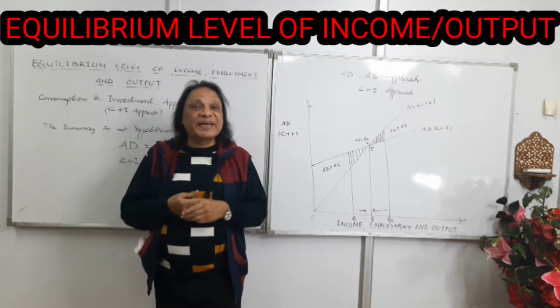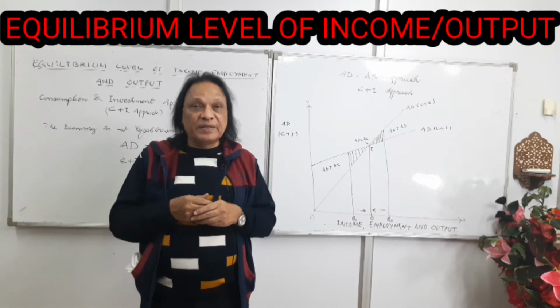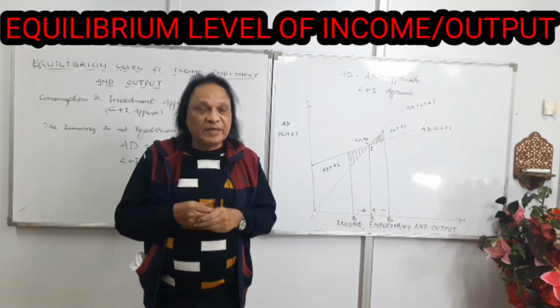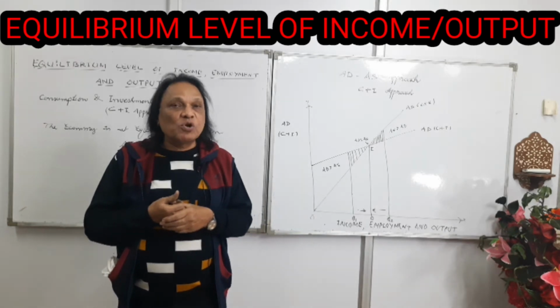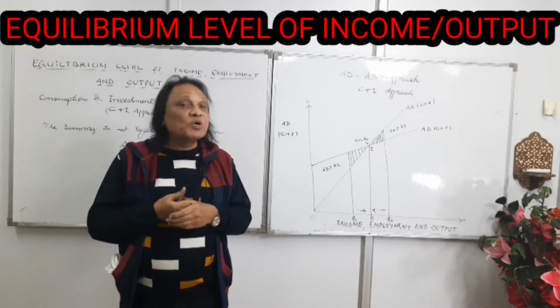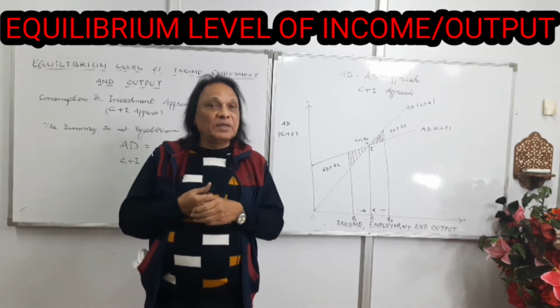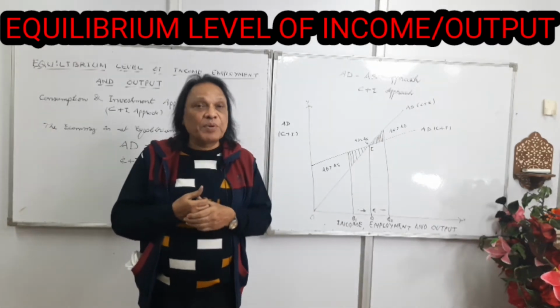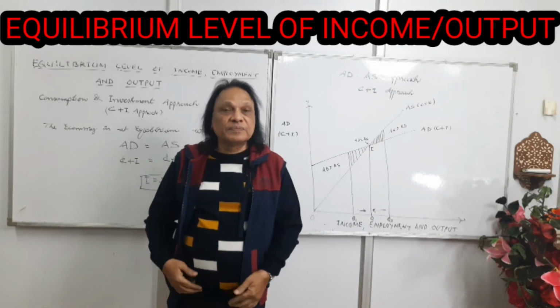Today we're discussing Keynesian economics. Keynesian economics is synonymous with macroeconomics. The most important part of Keynesian economics is the equilibrium level of income, employment and output, and how to achieve full employment.